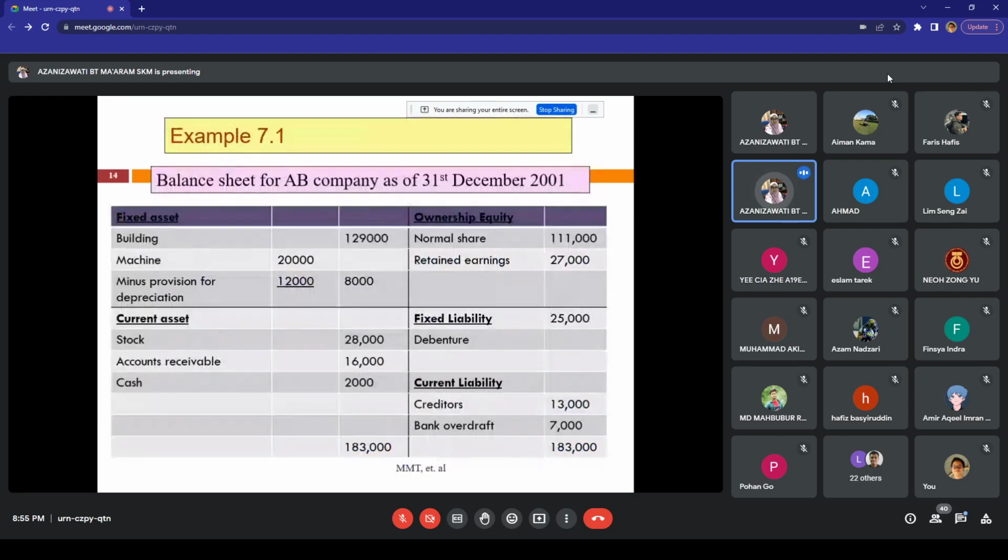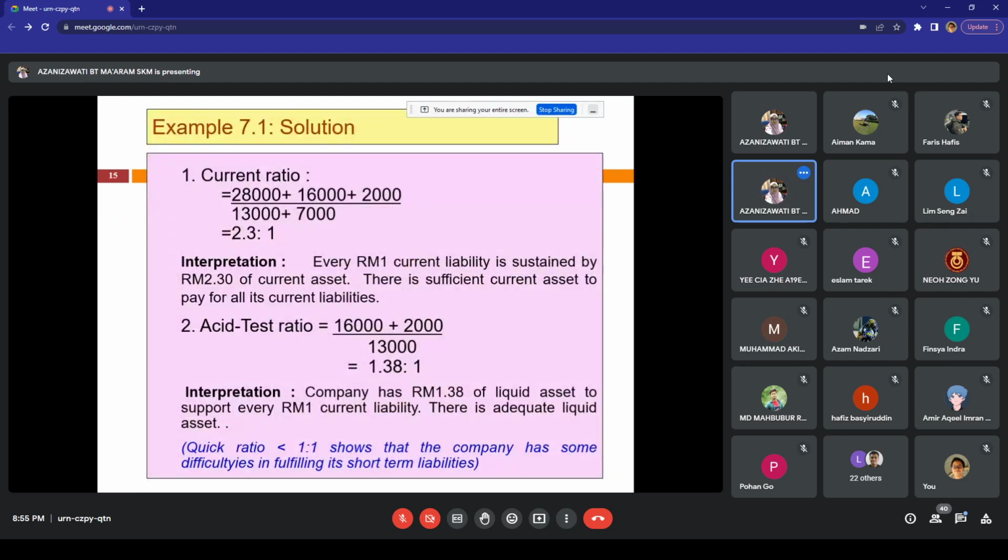The current liability here is creditors 13,000, plus bank overdraft 7,000. So you get the current ratio 2.3 to 1. So the interpretation is every 1 ringgit of current liability is supported by 2 ringgit 30 sen of current asset. Therefore, there is sufficient current asset to pay for all its current liabilities.